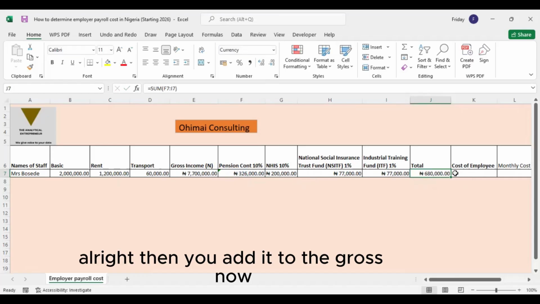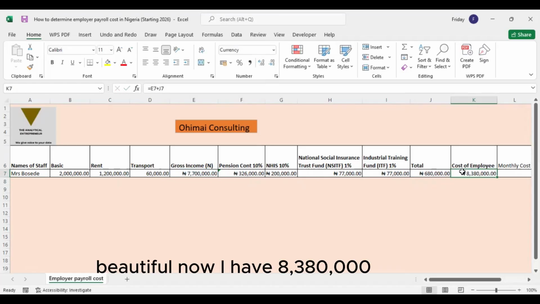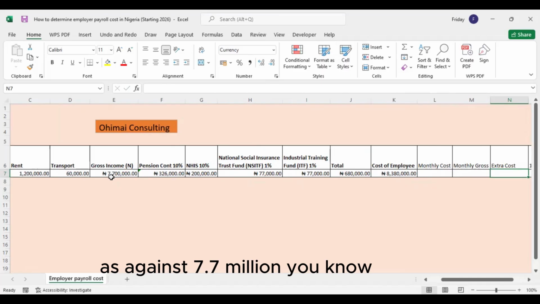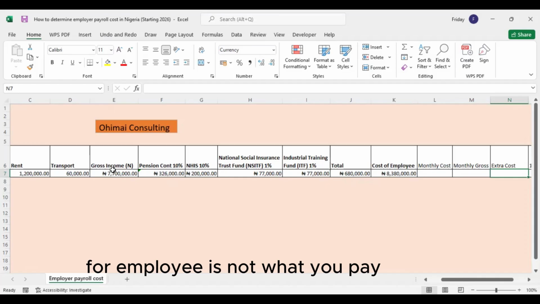Then you add it to the gross now. Beautiful. Now I have 8,318,000 as against 7.7 million. I told you that only the gross income for the employee is not what you pay.